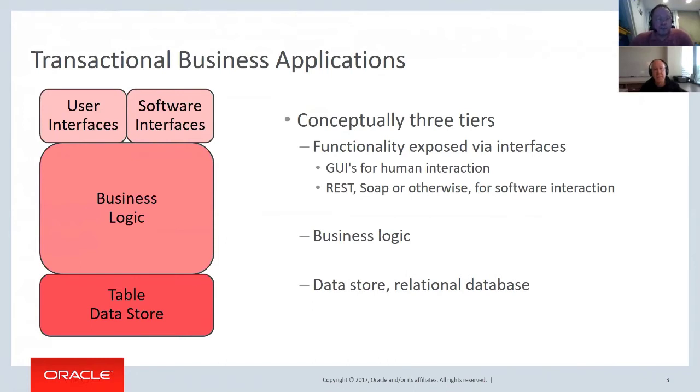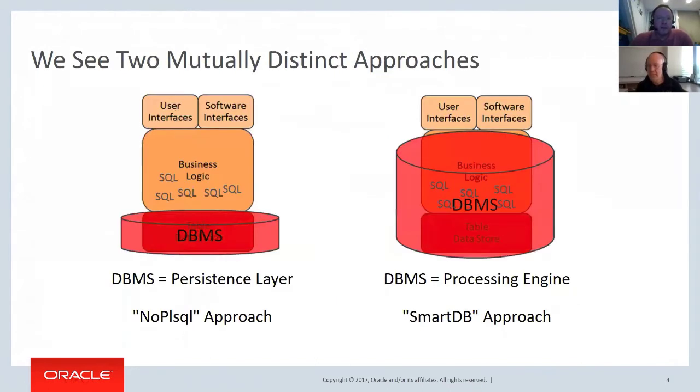And then at the top we have the various user interfaces, of which I'm depicting the 2 most common: the graphical user interfaces displayed in web browsers nowadays, and the software interfaces, usually done through RESTful calls, RESTful services, endpoints.